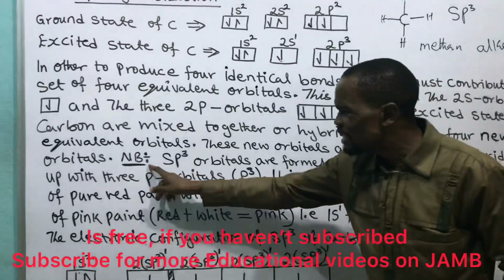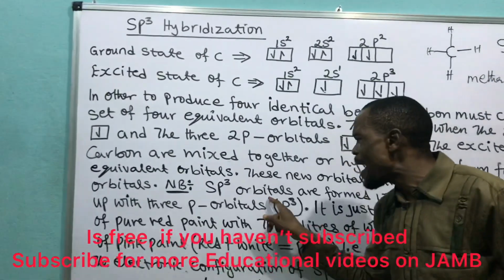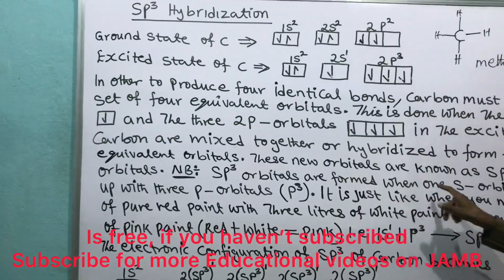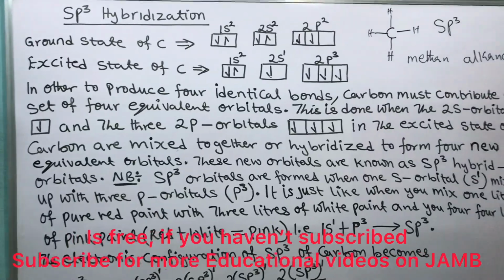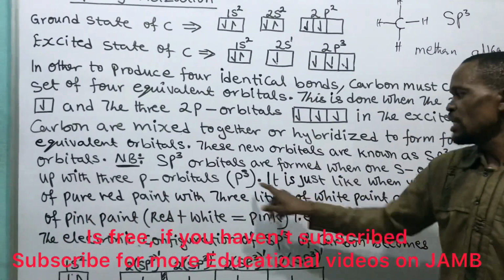Then note this: sp3 orbitals are formed when one s orbital, which is this, mixes up with 3 p orbitals, which are these.